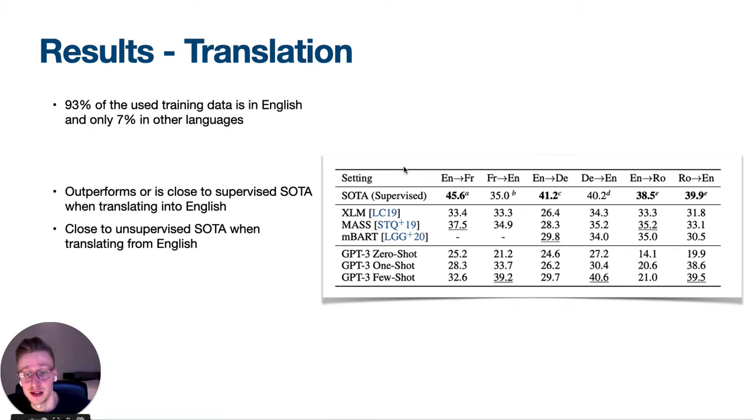Another interesting thing is that GPT-3 is close to the unsupervised state-of-the-art, at least when translating from English to another language. From English to French, it's quite close to the unsupervised state-of-the-art. From English to German, it is super close to the unsupervised state-of-the-art, and here it's still pretty far away.